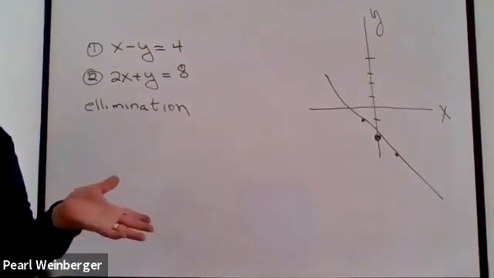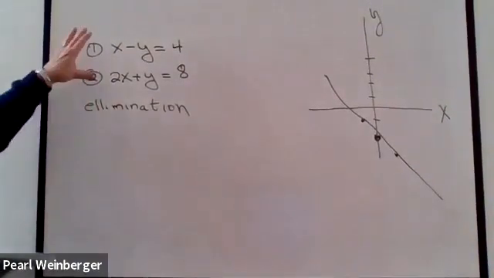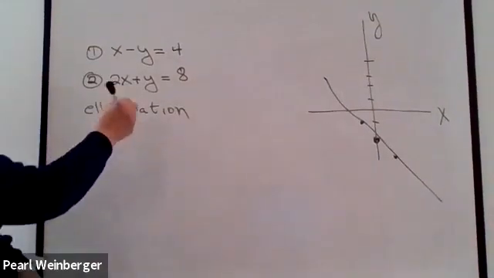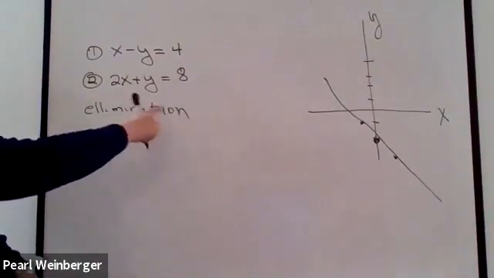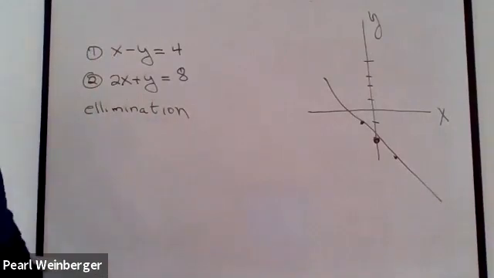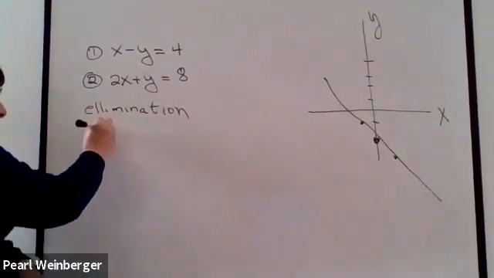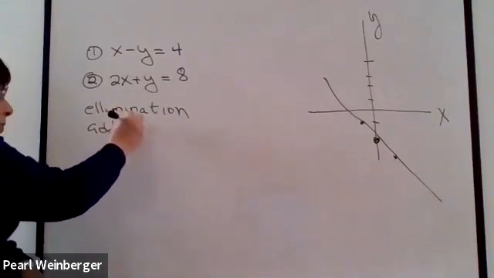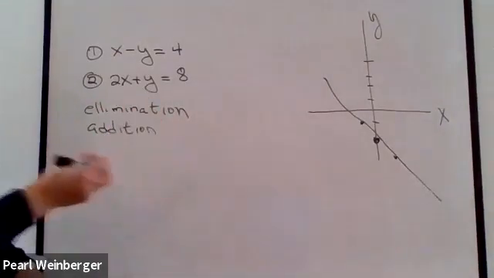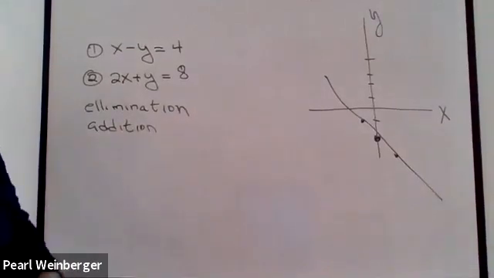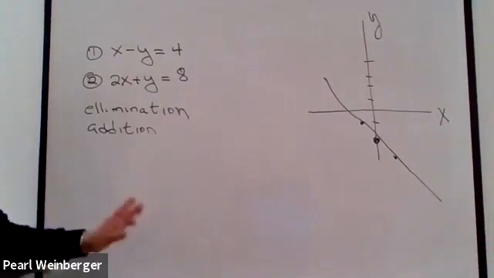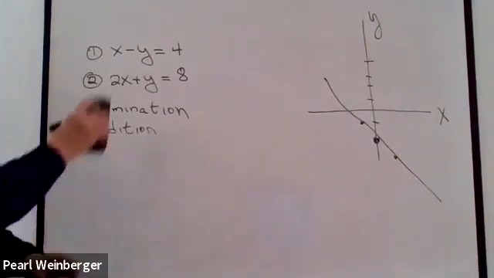It means get rid of. Sometimes this is also called the addition method, because that's what we do. Some books call it the elimination method, some books call it the addition method. We're going to take our two equations and we're going to add them.